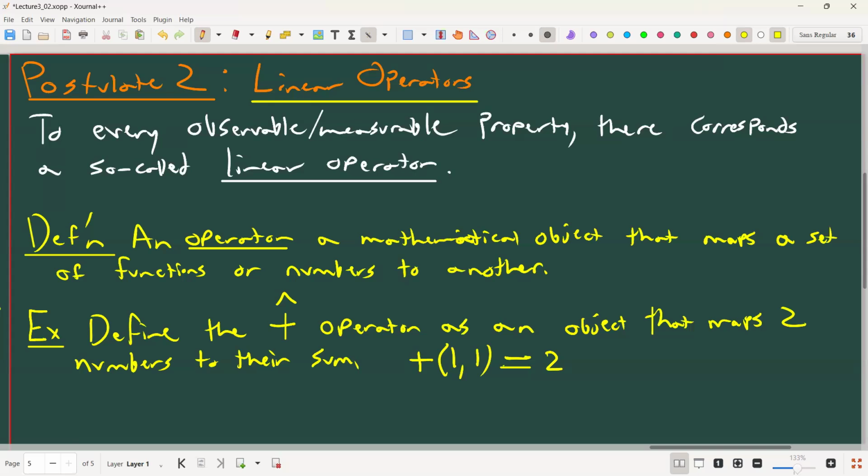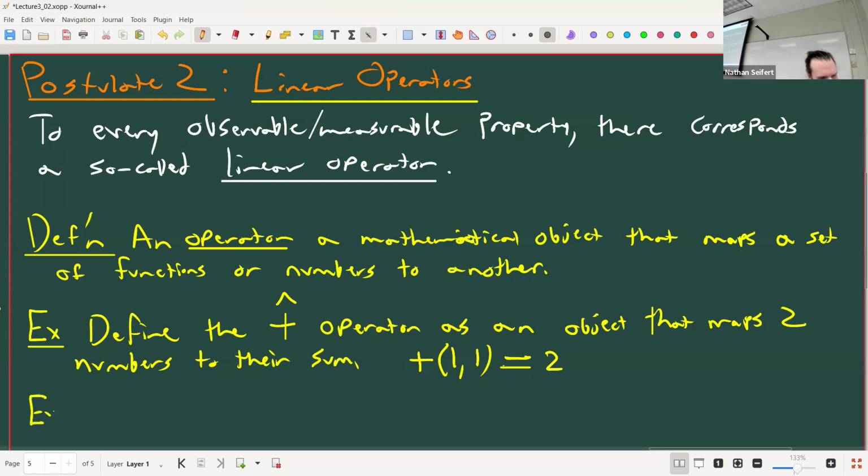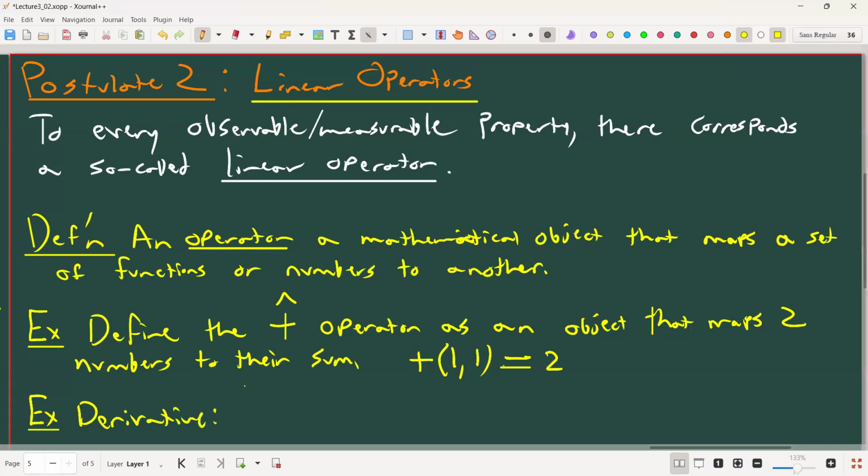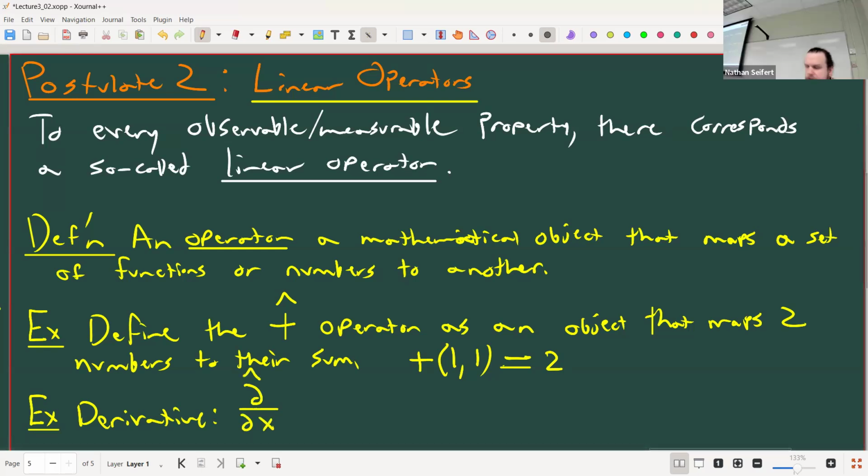Let's try another one. Let's think about the derivative operator. Example 2. Derivative. We'll call the derivative the d by dx operator. And how does d by dx work?